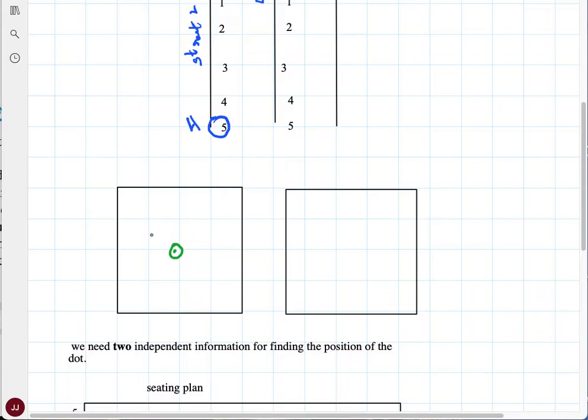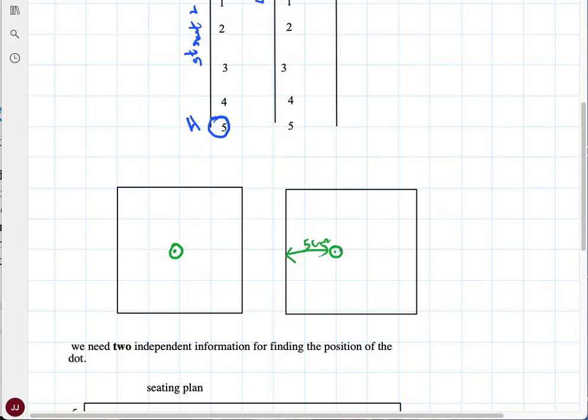But if we say this dot in the paper is 5 centimeter away from the left edge of the paper, will that give the position of the dot?